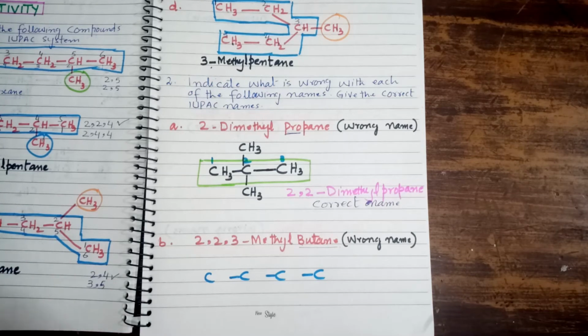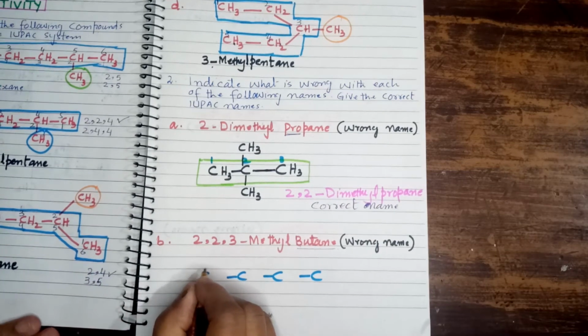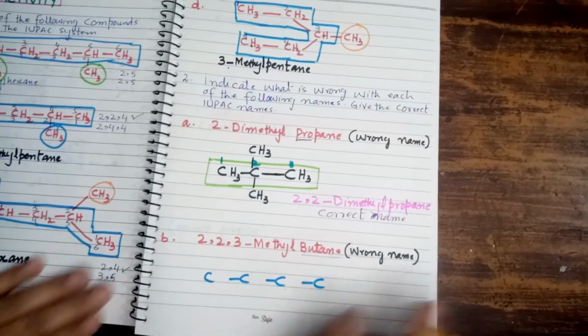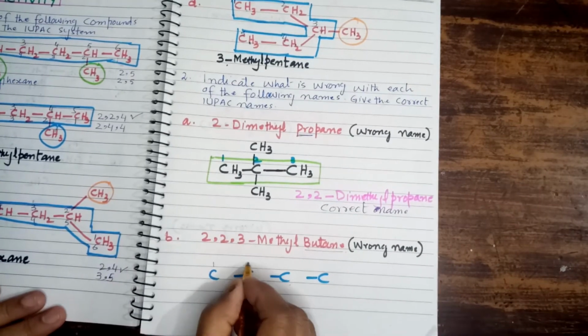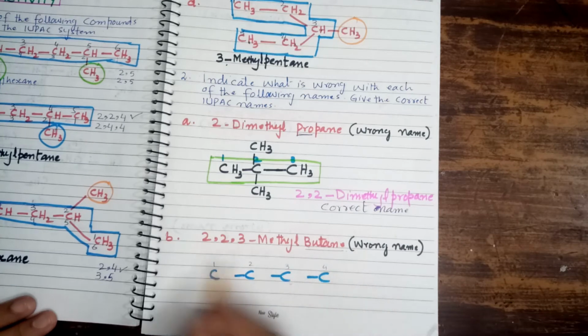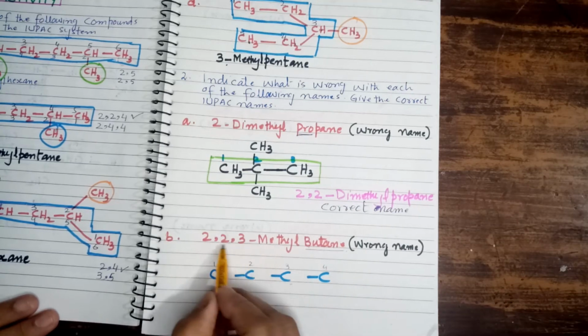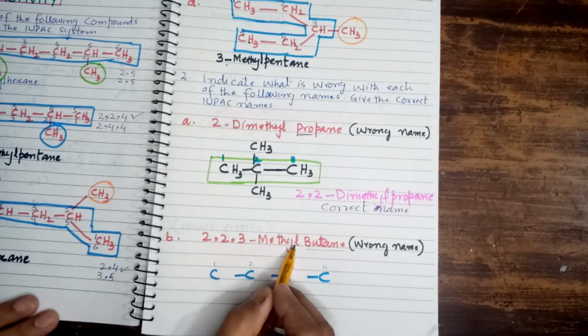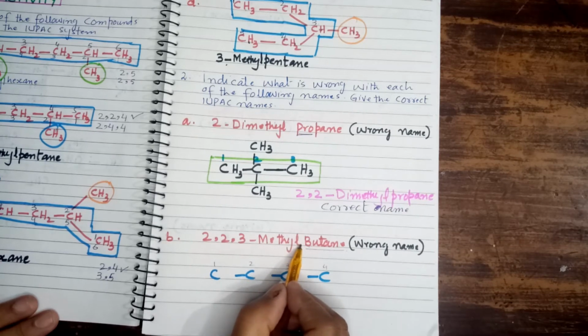Alright, students, if we do the numbering like this way, 1, 2, 3, 4, right? Now, 2, 2, 3 methyl means methyl radicals are there.